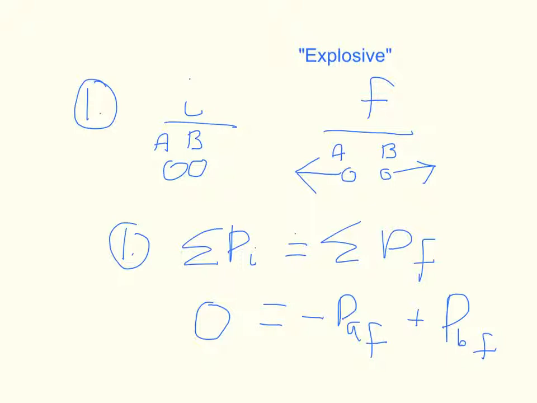And again, what this is telling us is after A and B split apart from the explosive interaction, they must have equal momentums that are directed in opposite directions. That's the only way that we could have no combined momentum initially, as well as no combined momentum finally after the interaction.